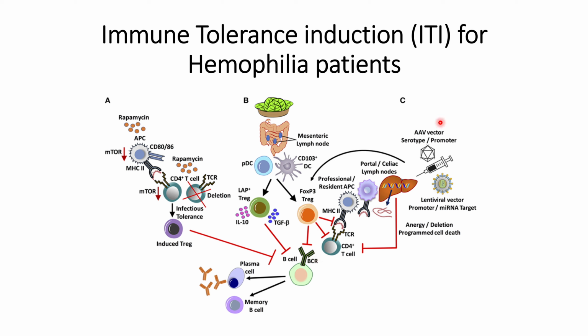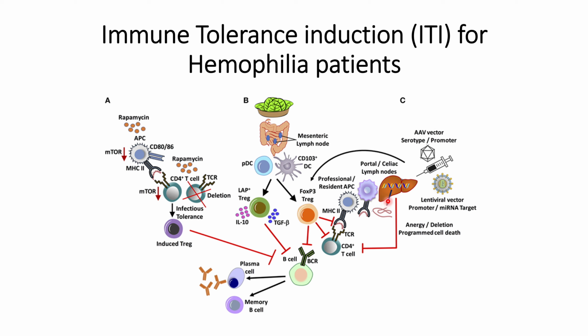The third pathway is the latest one, that is using adeno-associated virus or lentivirus with a promoter and miRNA, or we can say the factor 8 gene of interest within this adeno-associated virus.